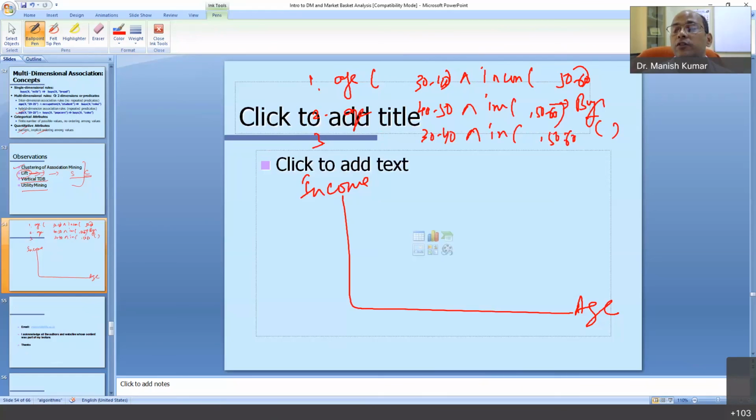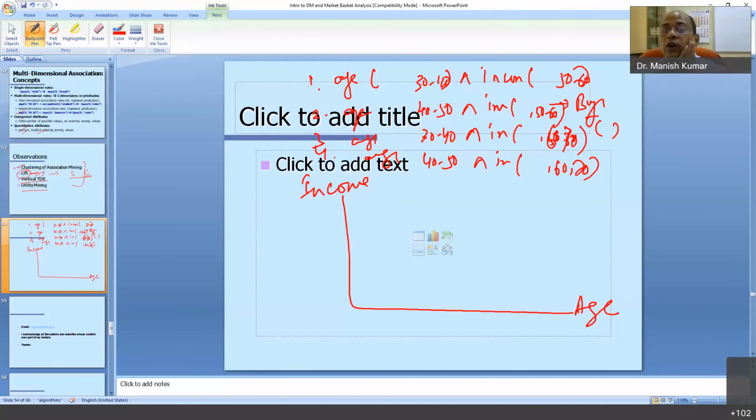The second says age 40 to 50 and income again 50 to 60. The third is age 30 to 40 and income 60 to 70. The fourth is age 40 to 50 and income 60 to 70. These are the 4 association rules which you have generated.